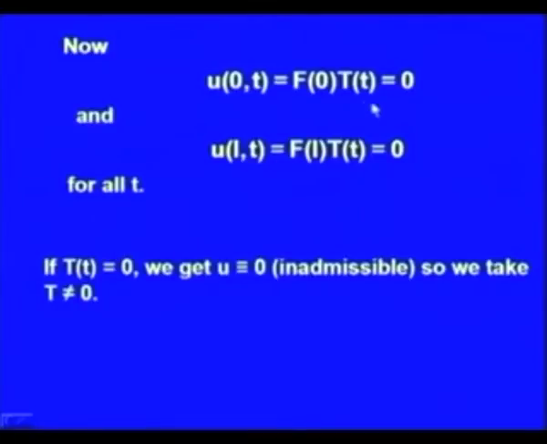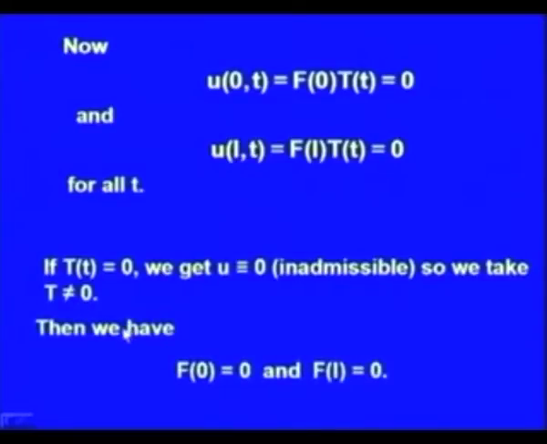Now, if t t is equal to 0, then u x t equal to f x into t t will give you u as identically 0, that is, for all the time t and for all x, u is 0. So, this is an inadmissible case, and so we will take t t to be not equal to 0, and then one will have f 0 equal to 0 and f l equal to 0.